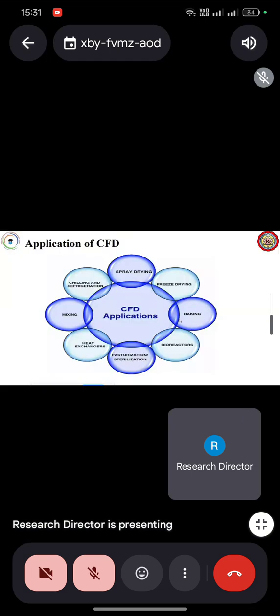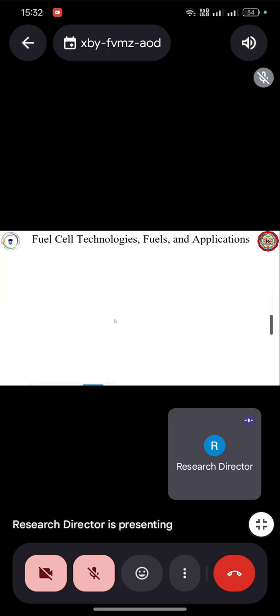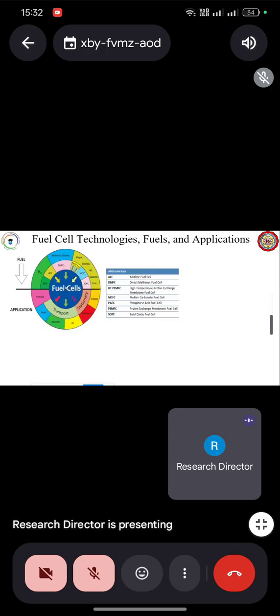So now come to fuel cell technology, fuels and their applications. The reason I have used this is that you are all pursuing an MTech in chemical, and this subject is in your curriculum.